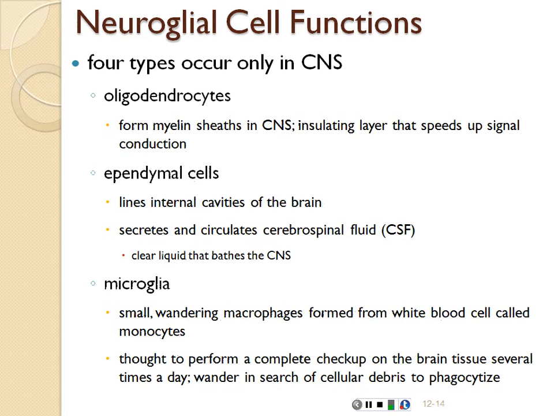Okay. And then you have ependymal cells, and you've heard of CSF, that fluid, right? The fluid that the brain sits in, and it bathes the brain and spinal cord. If you've had a spinal tap, that's what they're drawing off. So the ependymal cells are responsible for helping with secretion and circulation of CSF.